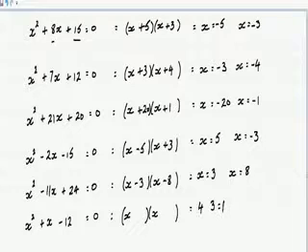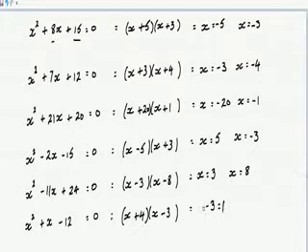So it's just a question now of what signs do I need to put in here to make it true. So that would have to be plus 4 minus 3, because plus 4 minus 3 will give me plus 1. So in one bracket I have plus 4, and in the other bracket minus 3.